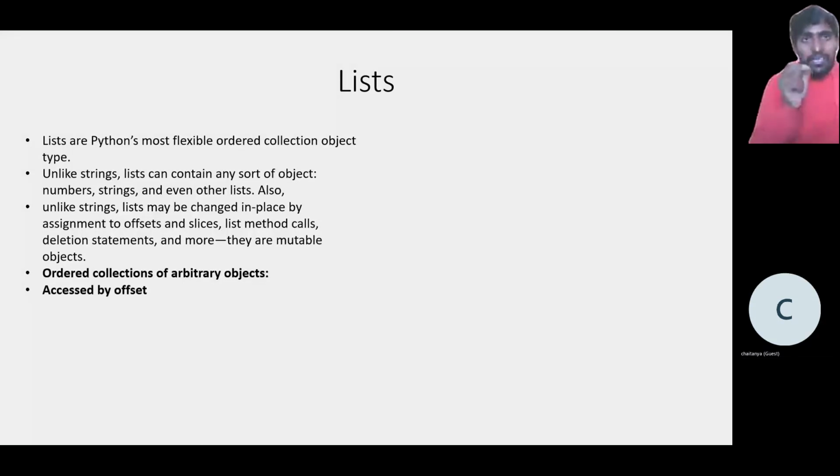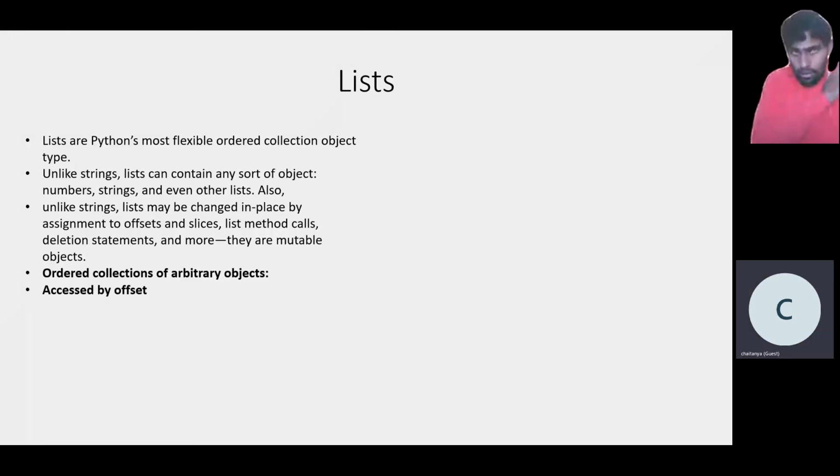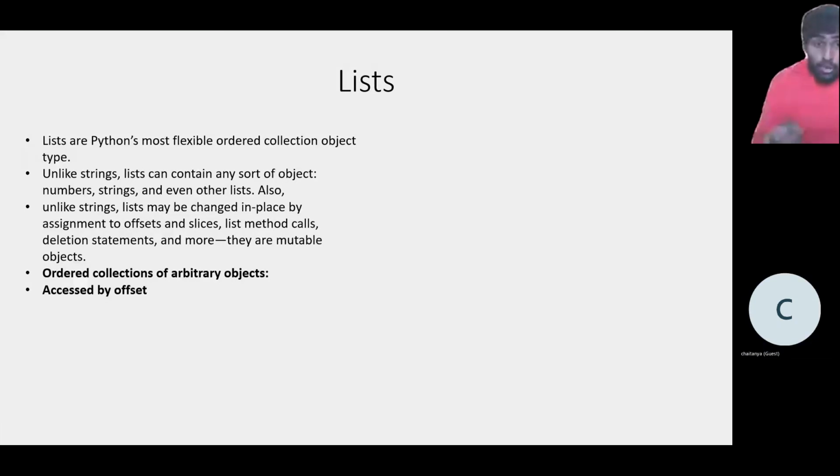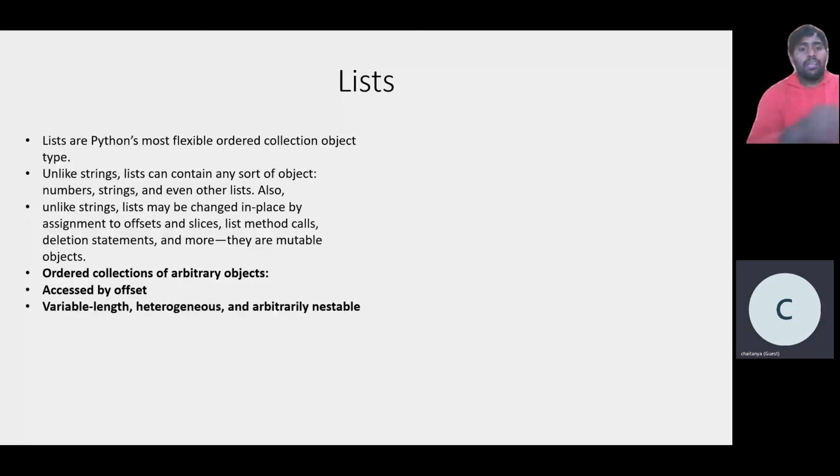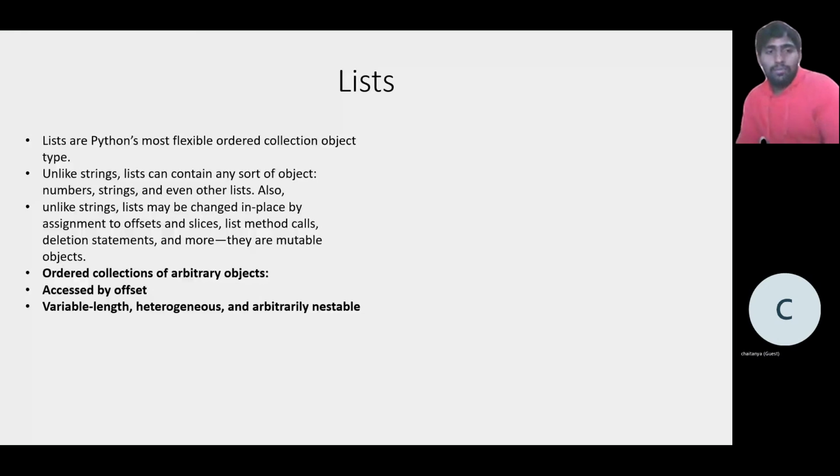In indexing, it starts with 0, no? It doesn't start with 1. It starts with 0. That's why it's called offset. And it can have variable length, heterogeneous, arbitrarily nestable. The second most important property is arbitrarily nestable.